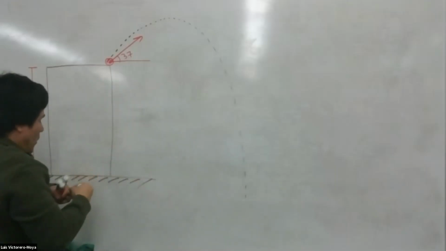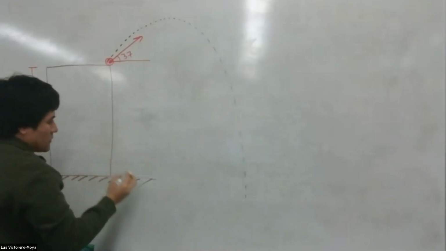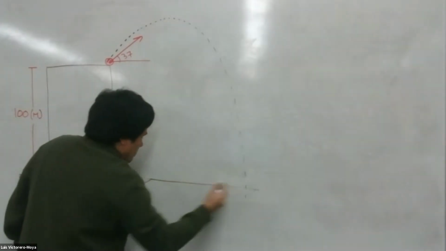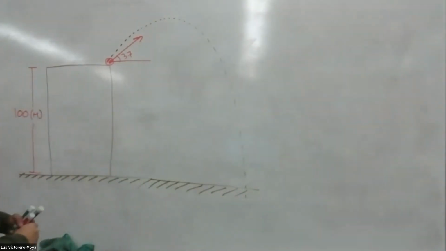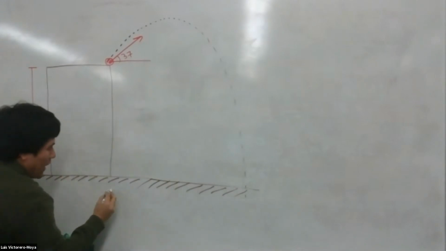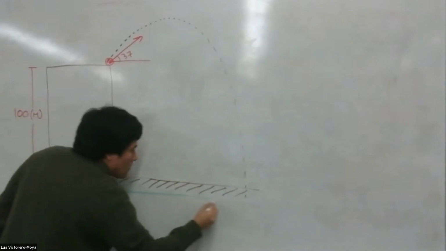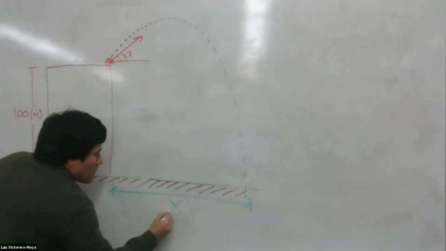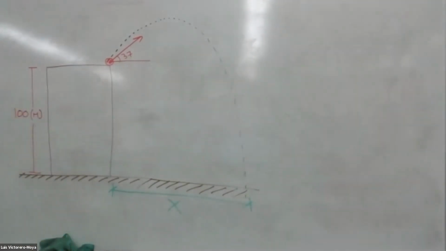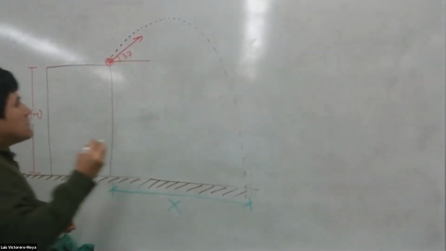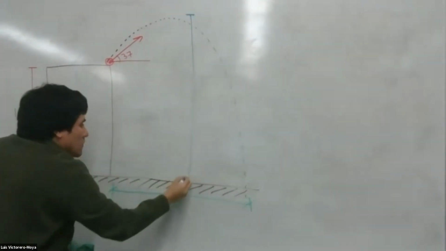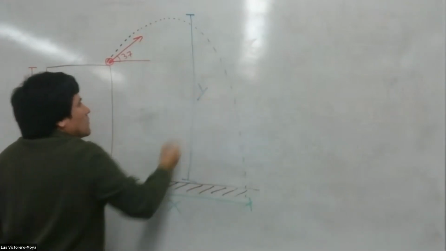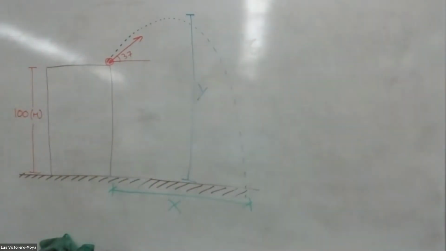It's a very interesting problem. So obviously, I'm going to ask you to find the range, but then I also want you to find the maximum height it reaches. And also can ask you the flying time.